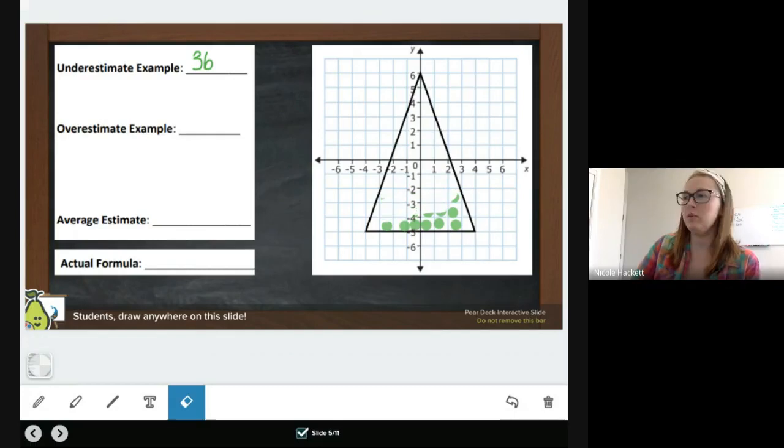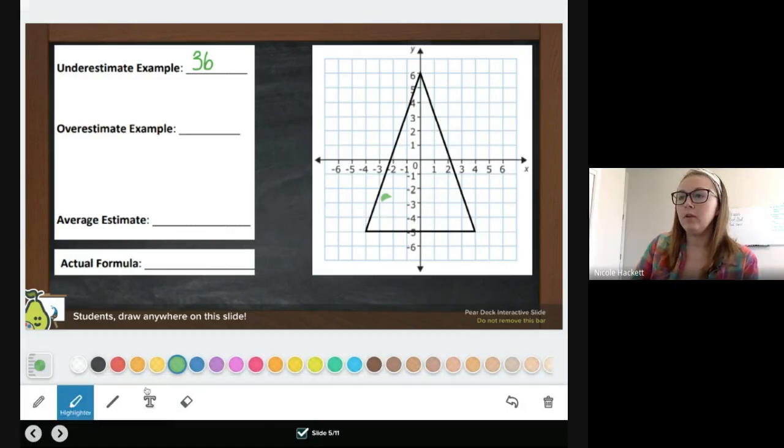And once I have the 2 of them, I'm just going to average them together. If I'm looking at an overestimate here, it means I'm going to go outside. I'm going to count everything that it goes through or touches.